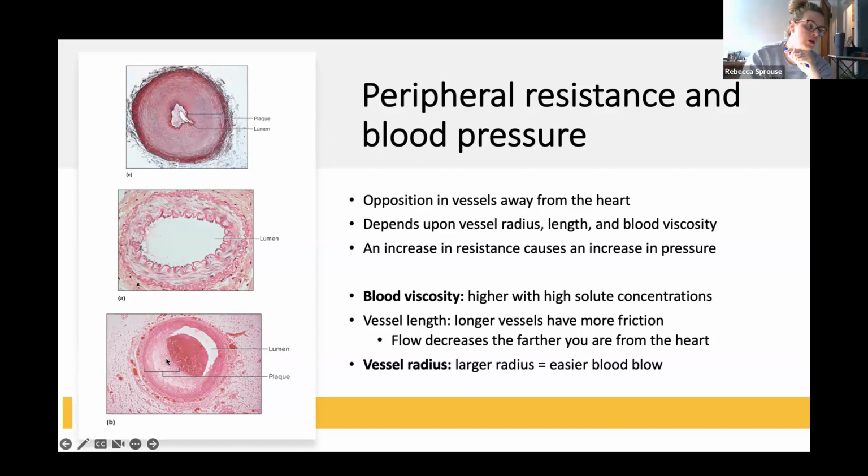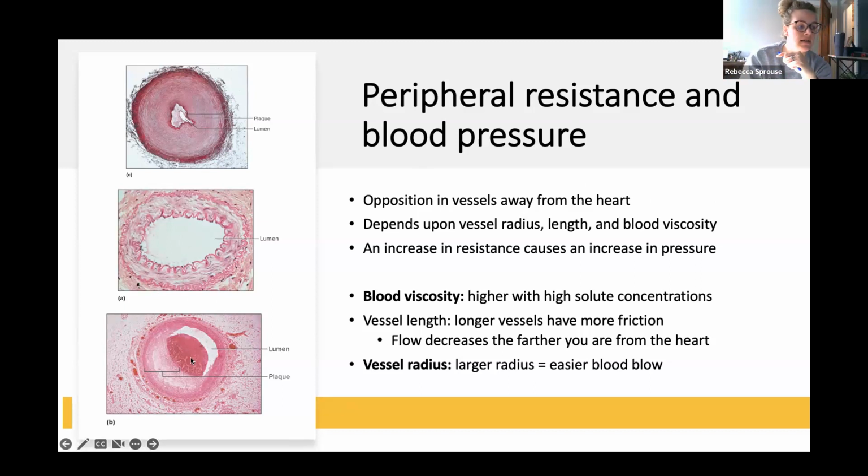This is a good example here. So here is a normal artery, the middle one. Here's the lumen, that's where blood would flow. All right. And this one's lumen is very, very small. This one's lumen is very small as well. These have a lot of plaque buildup. So this whole thickness here is plaque buildup, probably from atherosclerosis, maybe high cholesterol. Here's plaque here.